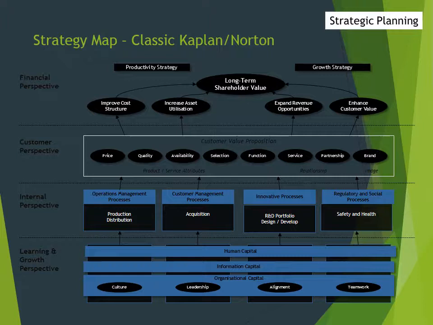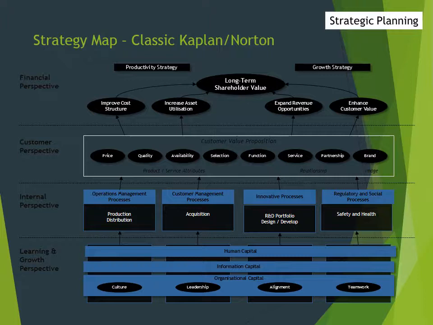Now, all of these come from perspectives of our customer and what they think our value proposition really is. And we can then break those down into the internal perspectives of operations, customer support, innovation, and the external impacts of regulation and social.